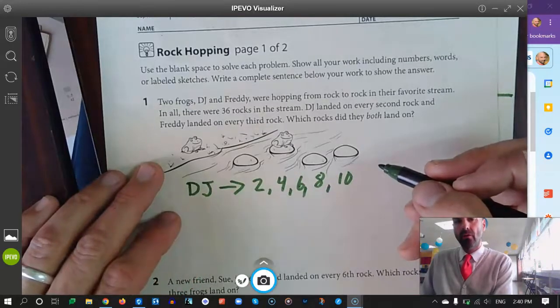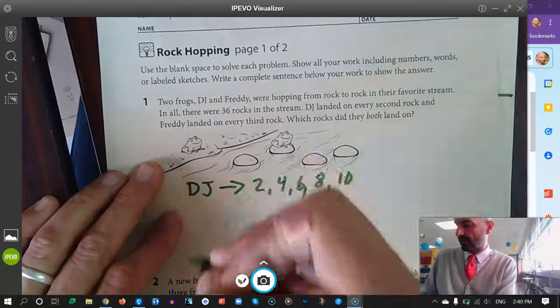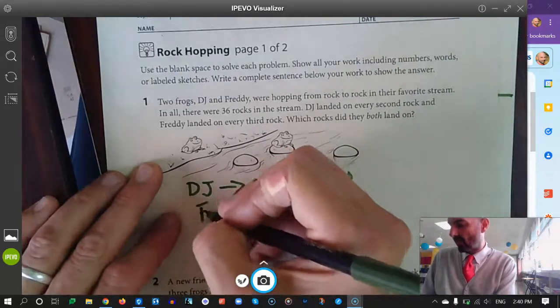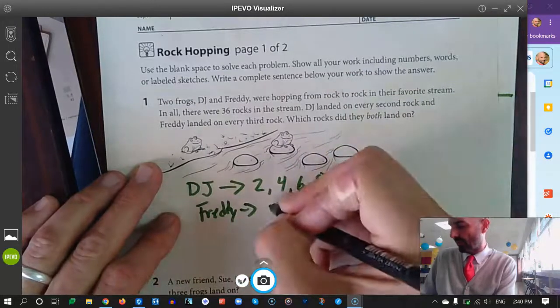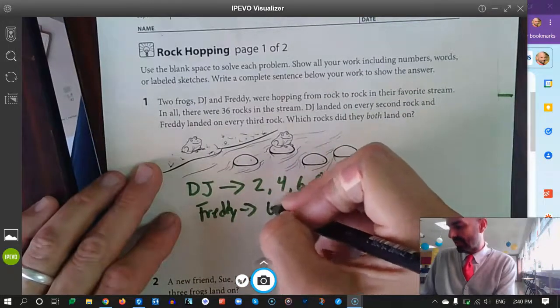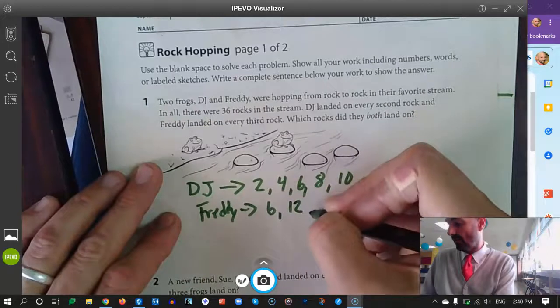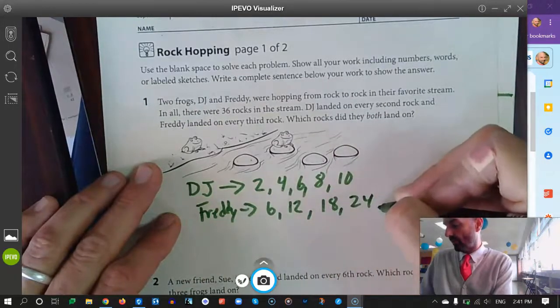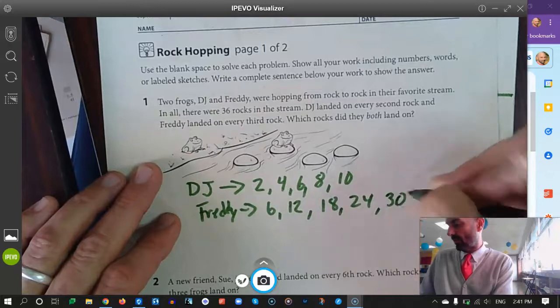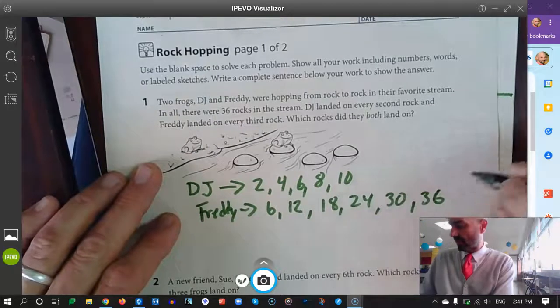Okay, so if he does every third, Freddy does every third, any even rock DJ would have to have landed on. So 3, 6, 9, 12, 15, 18, 21, 24, 27, 30, 33, 36.